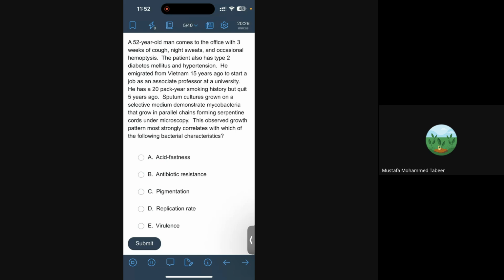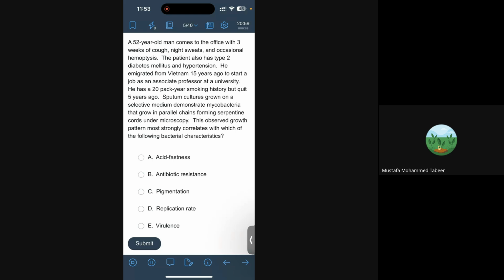He has a 20 pack-year smoking history but quit 5 years ago. Sputum culture on a selective medium demonstrates mycobacteria that grow in parallel chains forming serpentine cords under microscopy.